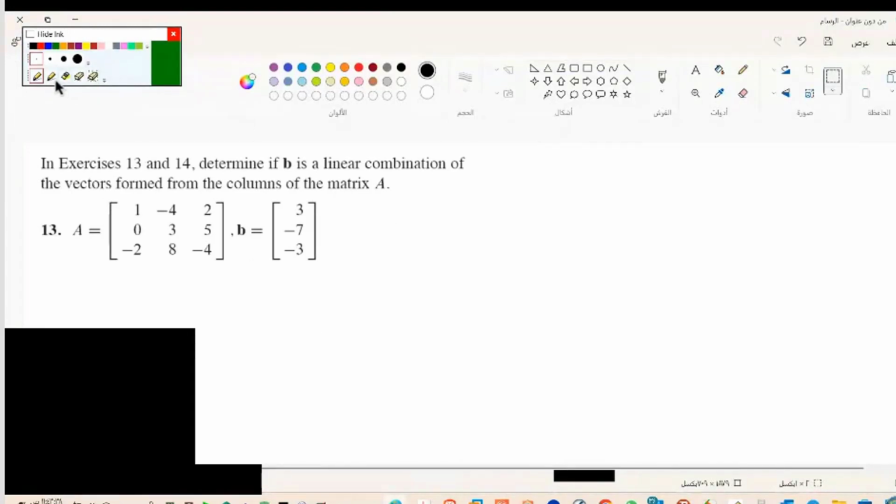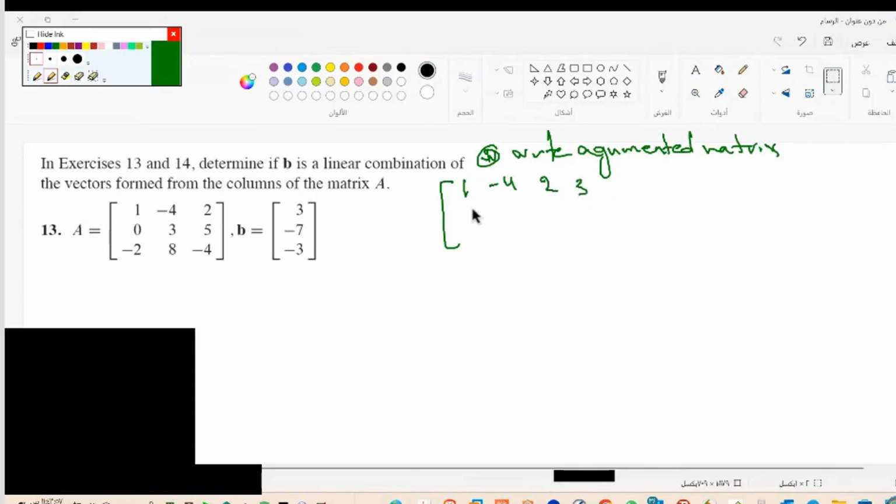Determine, that means solve. So first of all, write the augmented matrix: 1, 3, 0, 3. Solve. This is ready.